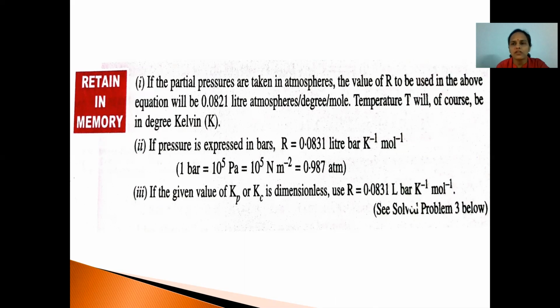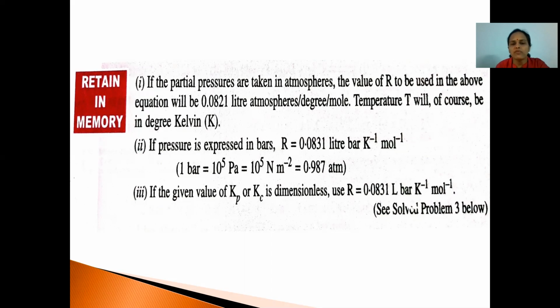Temperature of course will be in degree Kelvin. If pressure is expressed in bars, then the value of R which you would take is 0.0831 liter bar per Kelvin per mole. I repeat, pressure expressed in bar, the value of R which you will consider is 0.0831 liter bar per Kelvin per mole.